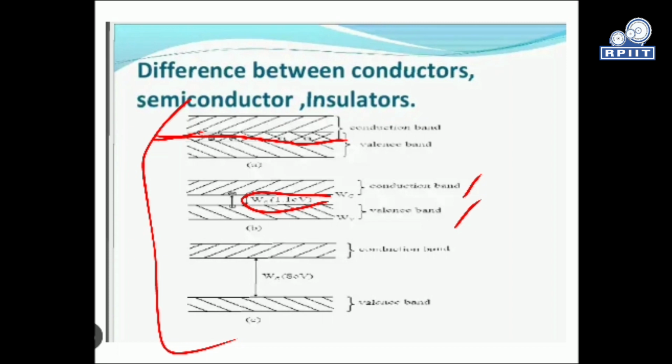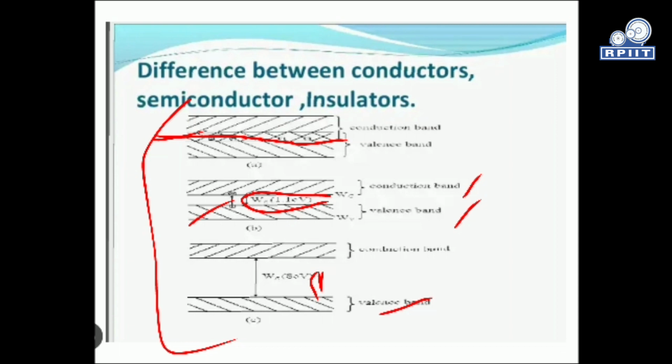So we can say this is a semiconductor material. And in the last one, when the conduction band and valence band have a very high energy gap, then we can say it is a very high conducting material. So these are the three criteria for the insulator, semiconductor and conductor.